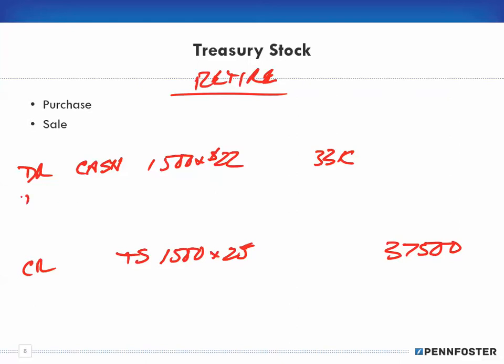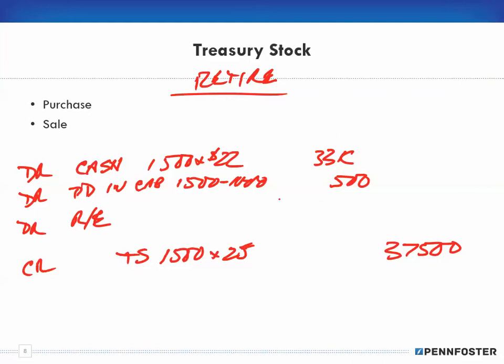Now, the difference between the two, well, I can't say the difference between the two. The paid-in capital ends up being $500 in paid-in capital, and the difference between the debits and credits goes to our retained earnings of $4,000.